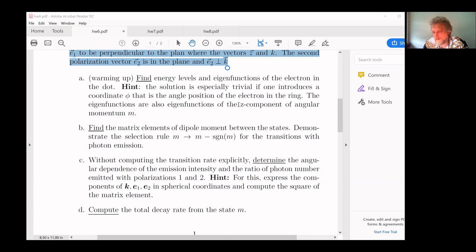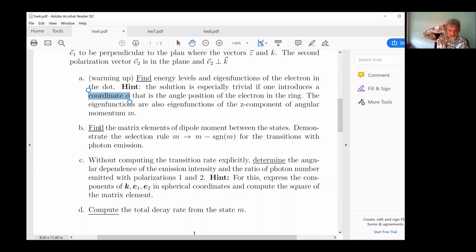What we expect from you is just to write a simple one-dimensional Hamiltonian for coordinate phi. It means that the electron just circulates and its coordinate is phi, its phase. The wave function must be periodic in this coordinate phi.